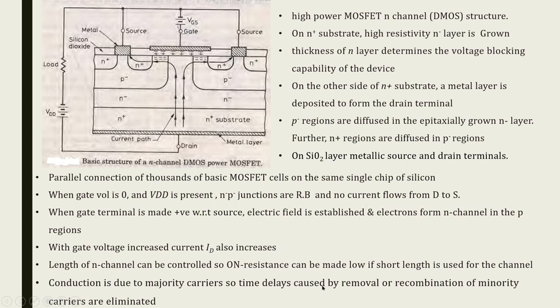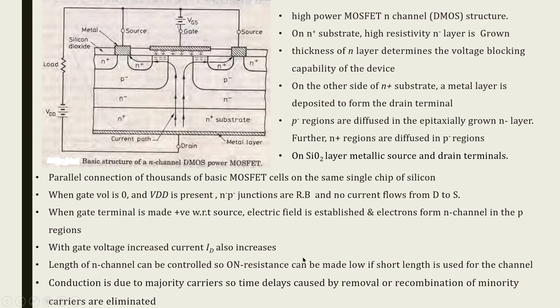So time delays caused by removal or recombination of minority carriers are eliminated, so it can be used in high frequency applications. Here only majority carriers are there for conduction, minority carriers are not. So when switching from one state to another, one major advantage is that minority carriers are not there. The storage charge removal will be a little easier compared to power BJT and other devices.